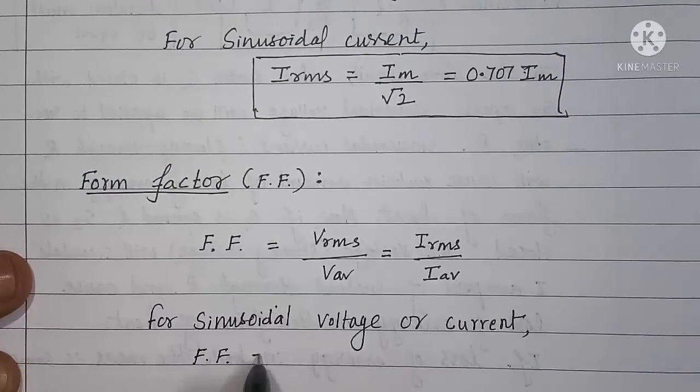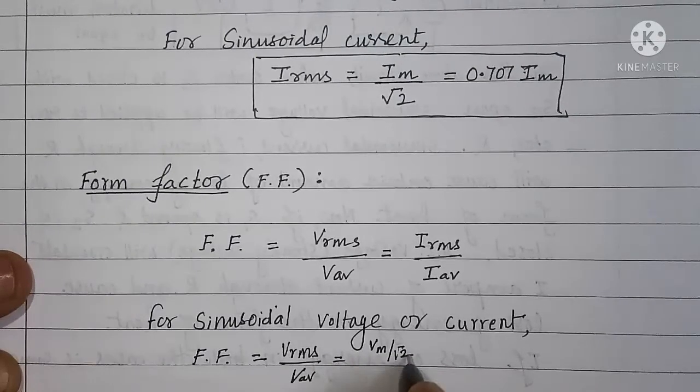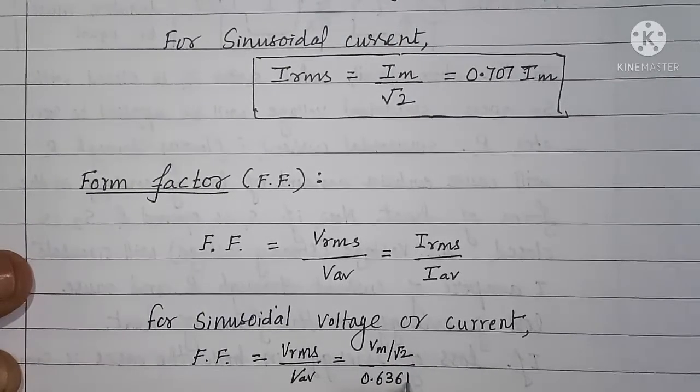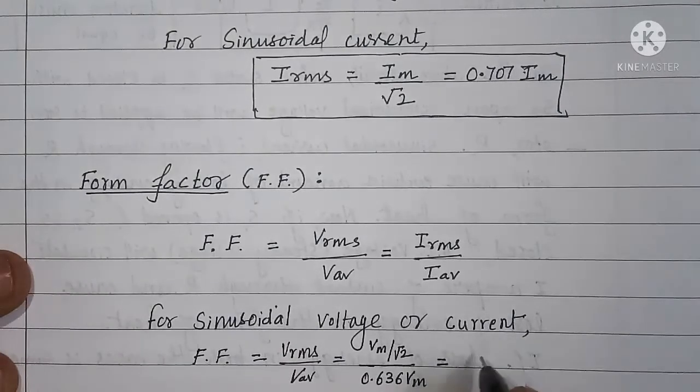Form factor is equal to V RMS by V average, that is equal to Vm by root 2 divided by 0.636 Vm, that is equal to Im by root 2 divided by 0.636 Im.